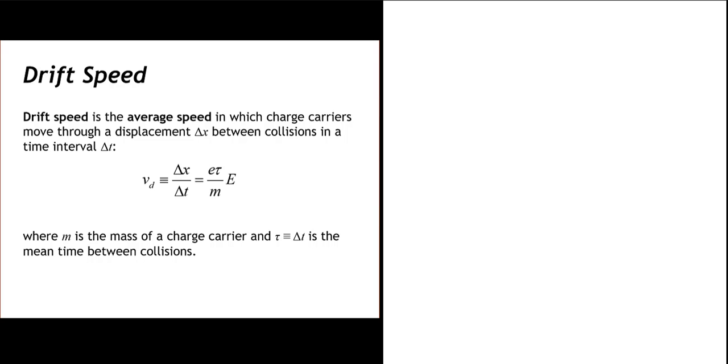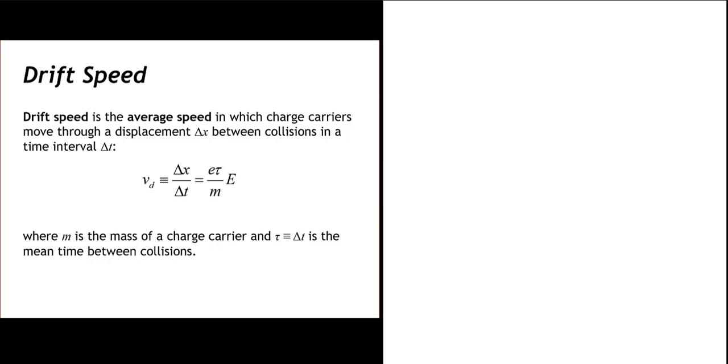Now, it can be shown that since these charge carriers are moving in response to the established electric field, and the electric field creates an electric force on each of our charge carriers, the drift speed is directly proportional to the magnitude of the electric field, where the proportion is given by the charge of our charge carrier, in this case the electron, times tau, which is defined as the mean time between collisions in the material, per the mass of the charge carrier.